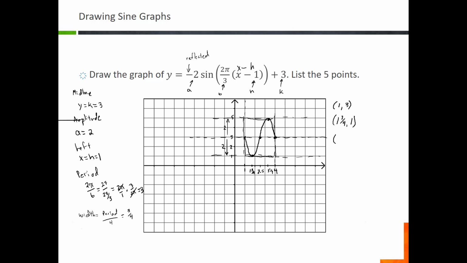The third one is at 2 1/2. I'll write that as a fraction, but you can do a decimal if you want. And its y coordinate is back to 3. The fourth one is 3 1/4, which again you can write as a decimal, that's fine. And it's up at the 5. And then the last point is at x equals 4, y is equal to 3 again. So those are the 5 points that we have.